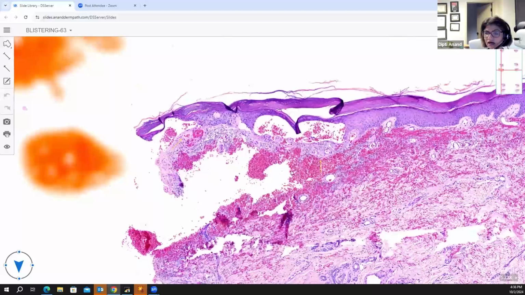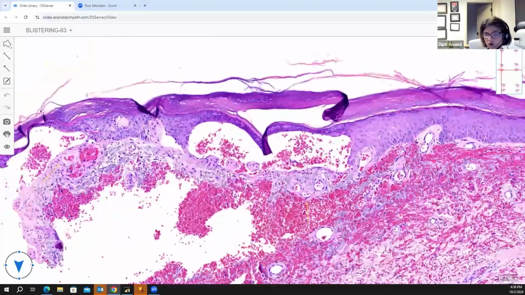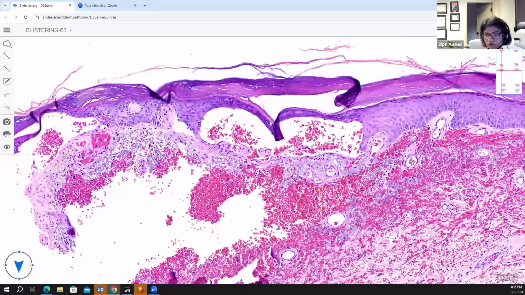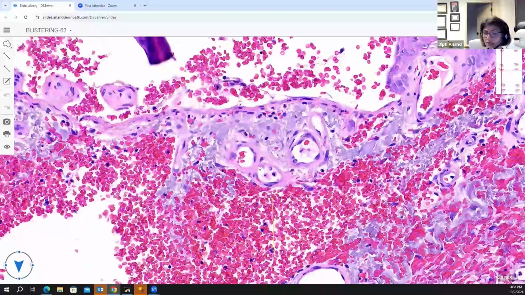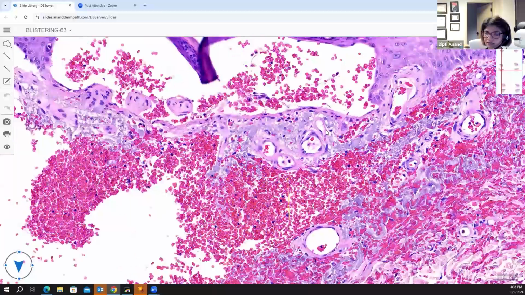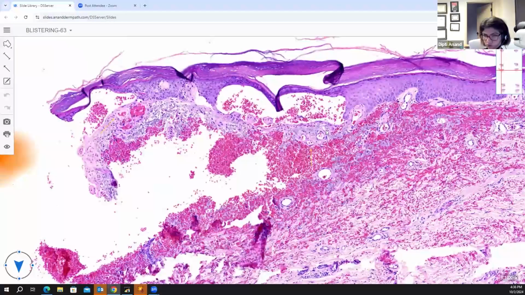So typically, you can see this is lots of blood. There is solar elastosis, but then you can see a nice cell poor subepidermal blister, and you can see that the vessels in the base of the blister are very hyalinized. So this is an indication that this is porphyria or pseudoporphyria. This is where your deposition of the immunoreactants will occur on DIF, producing what is known as the donut vessels.